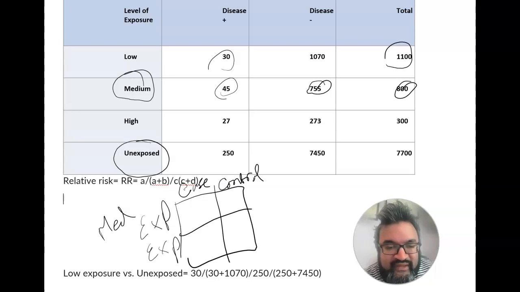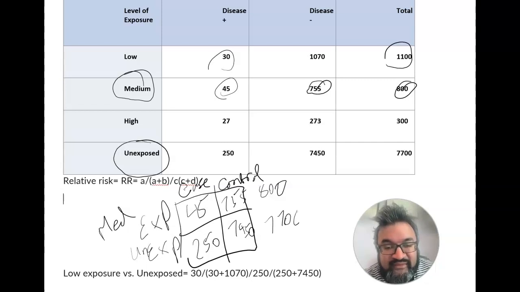So that's medium exposure. So let's do cases. That means disease positive. Control, that's 755. And then when you add that up, you get 800. And then, of course, the unexposed is 250, 7450, and then that adds up to 7,700.